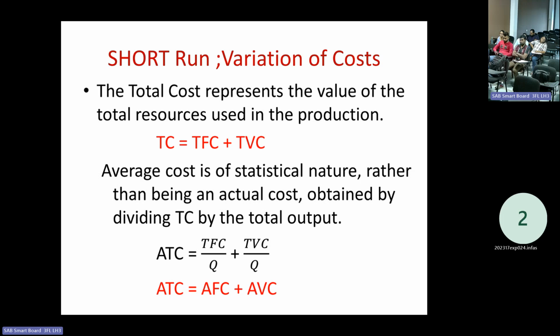After that, average variable cost also increases. Based on total variable cost, we can explain the variation of average variable cost. So ATC, average total cost, equals average fixed cost plus average variable cost.